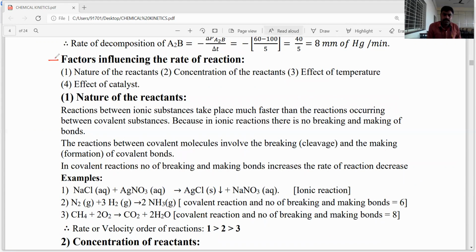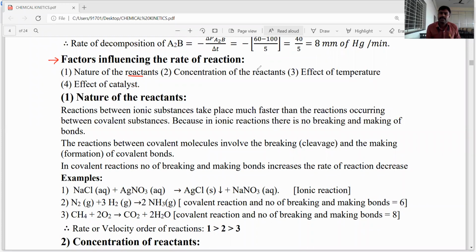Let's see, dear students, the important factors. There are mainly 4 important factors. One is the nature of reactants, meaning the reactants are ionic or covalent in nature. If the reactants are ionic substances, how will the rate be affected? If the reactants are covalent substances, how will the rate be affected?